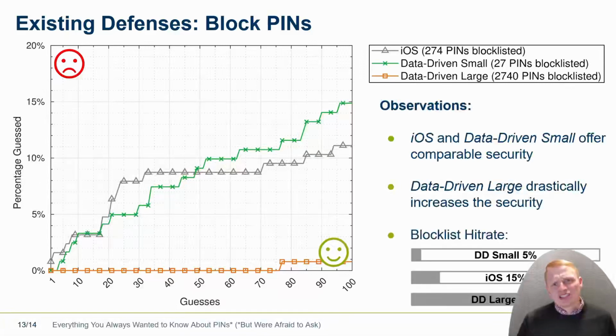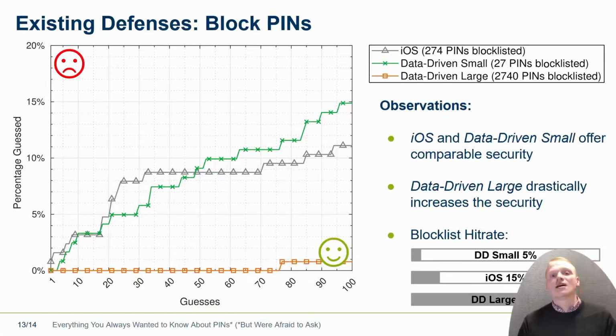However, this comes unfortunately at a cost, and the cost is a high blocklist hit rate. A high blocklist hit rate means that many participants see a warning and are forced to select a different pin. For example, in our study, one participant said, unfortunately, I cannot continue the study because all the pins are entered. I always get the message telling me that I have to select a different one. I'm sorry, I cannot continue.